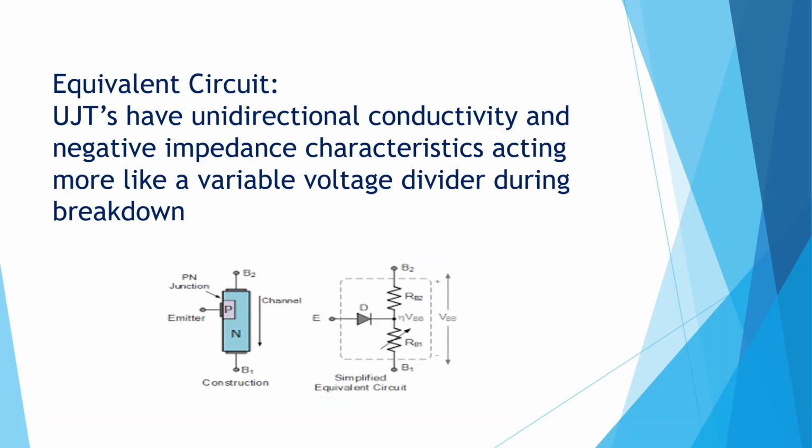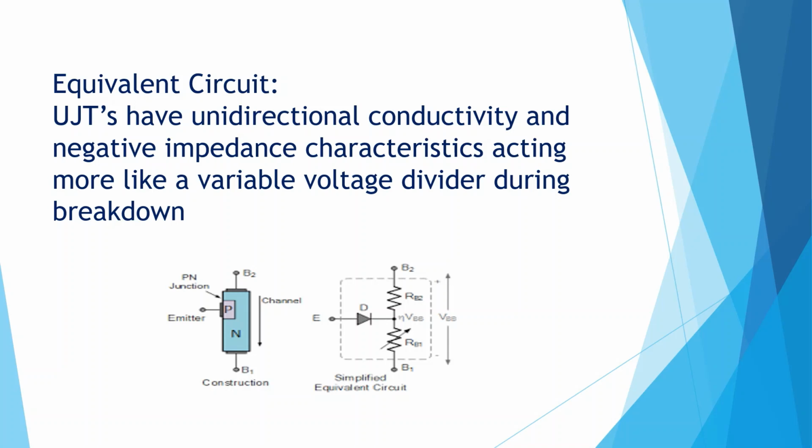The second thing which we have to understand is called inter-base resistance, the resistance between base 1 and base 2, which is specified as RBB. It is the total resistance of the silicon bar from one end to the other with the emitter terminal open.